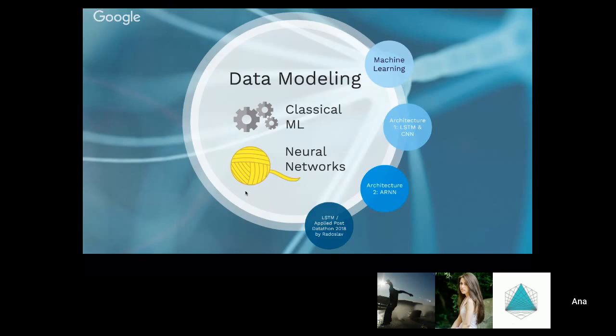And here again, a shout out to our neural network engineers, Radoslav and Vinesh. They introduced those elements and made the models special. So without any further ado, let's look at the machine learning techniques.